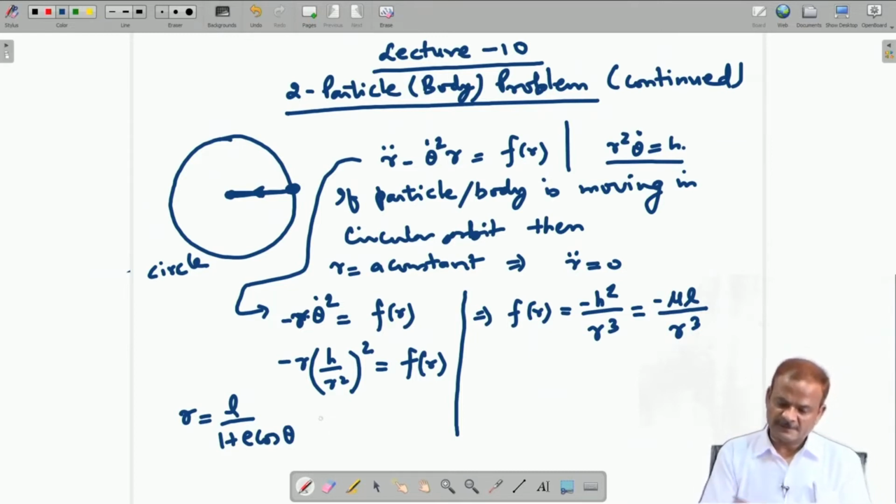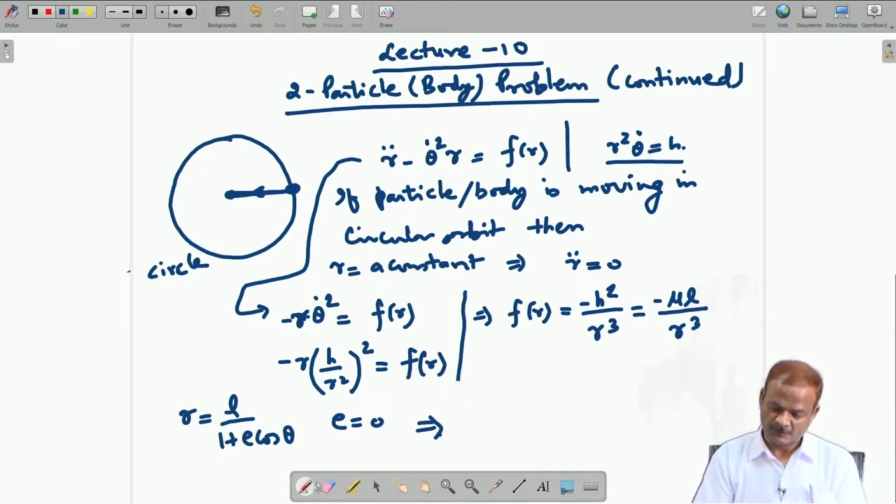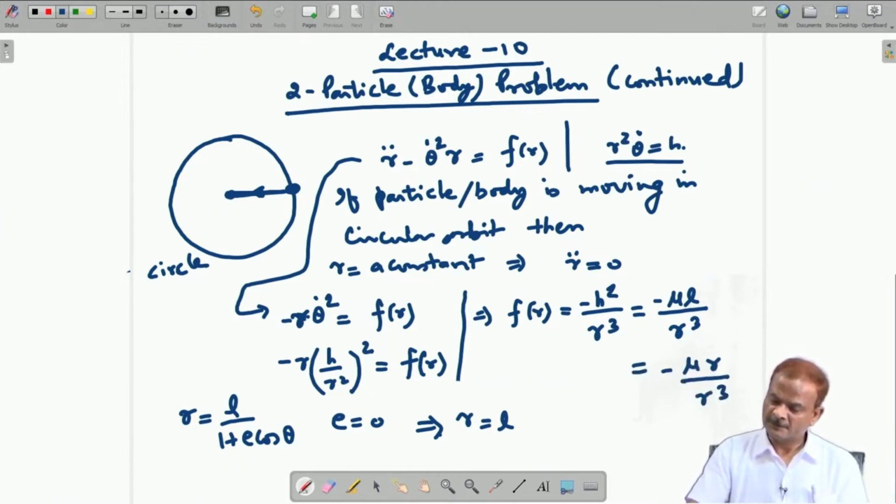In the case of a circle, E equal to 0, and this implies r will be equal to L. If we insert it here, this is minus mu r by r cube, so this is minus mu by r square.